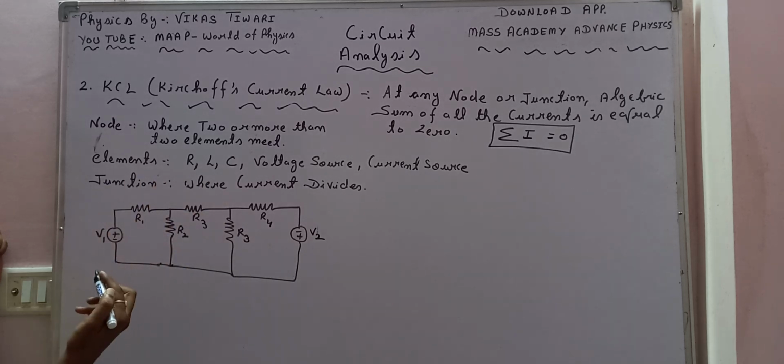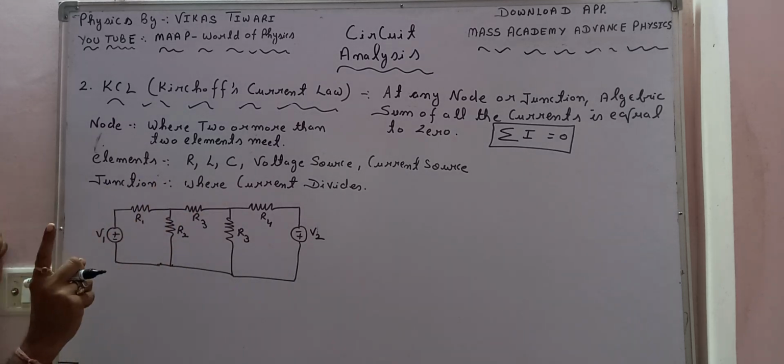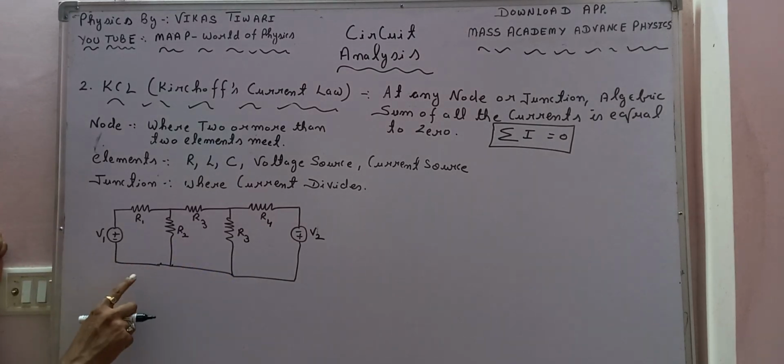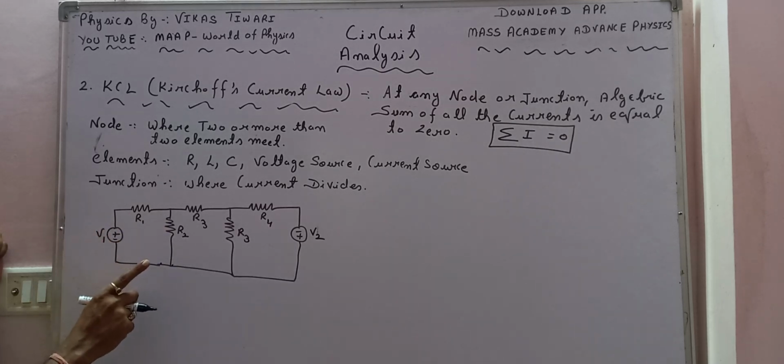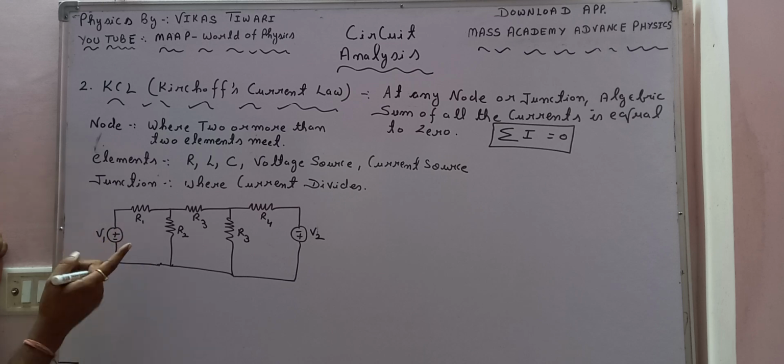There is always a reference or ground node, which is required to give the return path to the current. The circuit won't complete without a reference node, and the current will not return to the source.